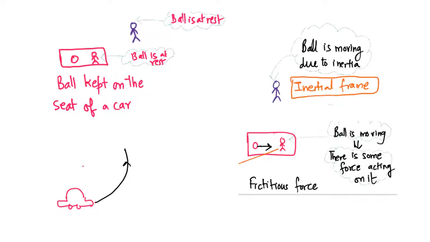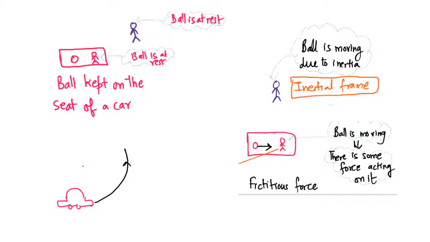What about the person who is standing outside? He sees the ball is moving due to inertia. Now, how do we explain inertia in this case? The ball and the car, before taking the turn, were moving towards the right.